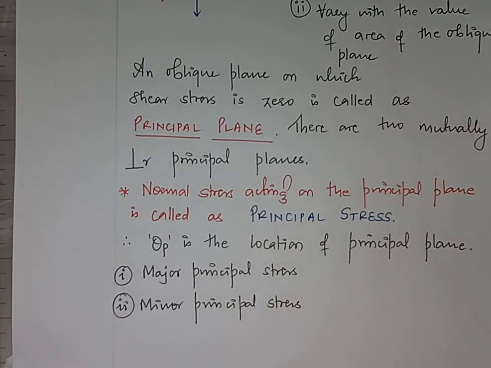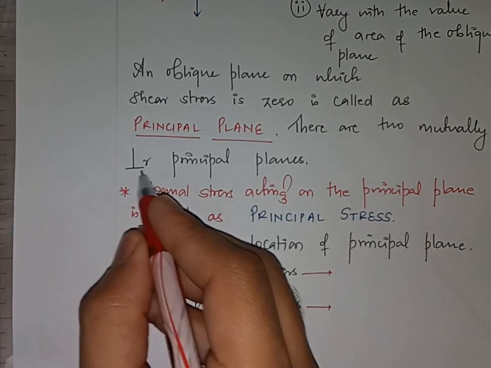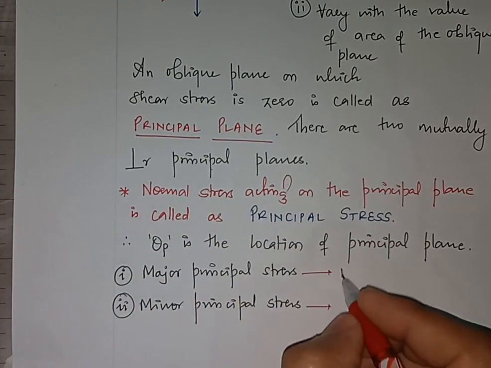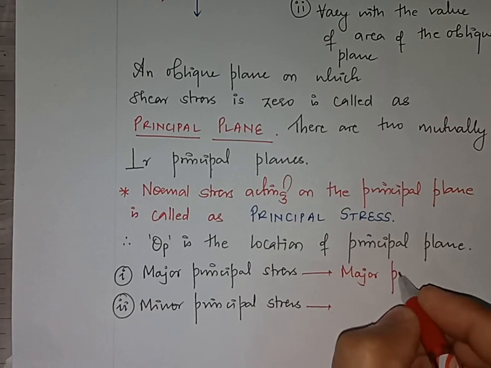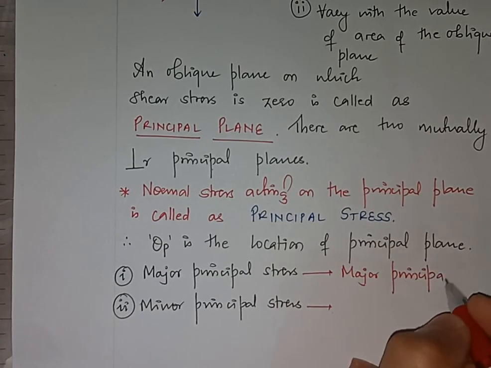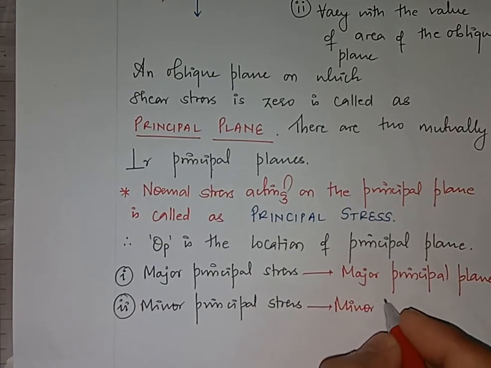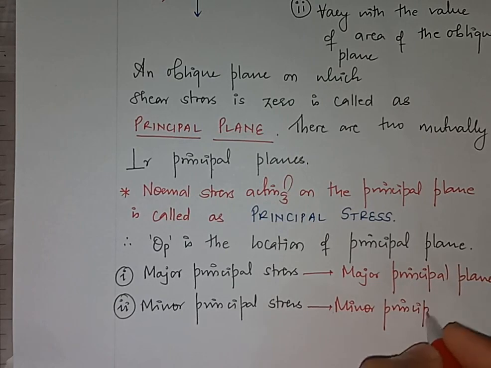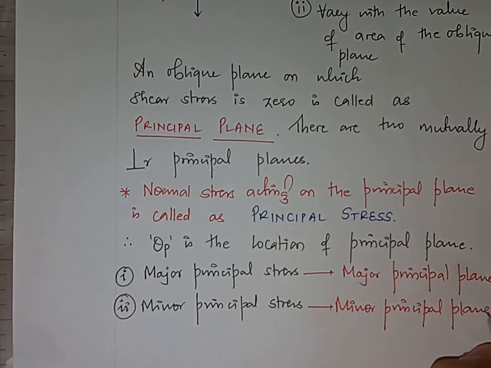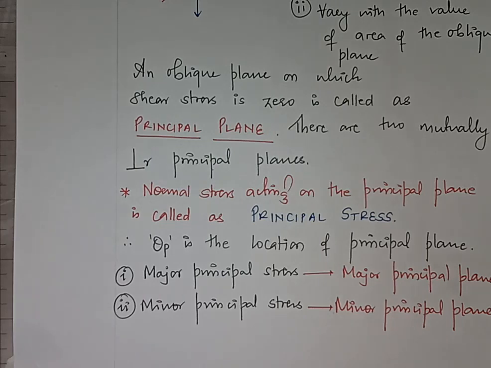These two come on two planes. One is called the major principal plane, and the second one is known as the minor principal plane. The stresses coming on these two are called major principal stress and minor principal stress.